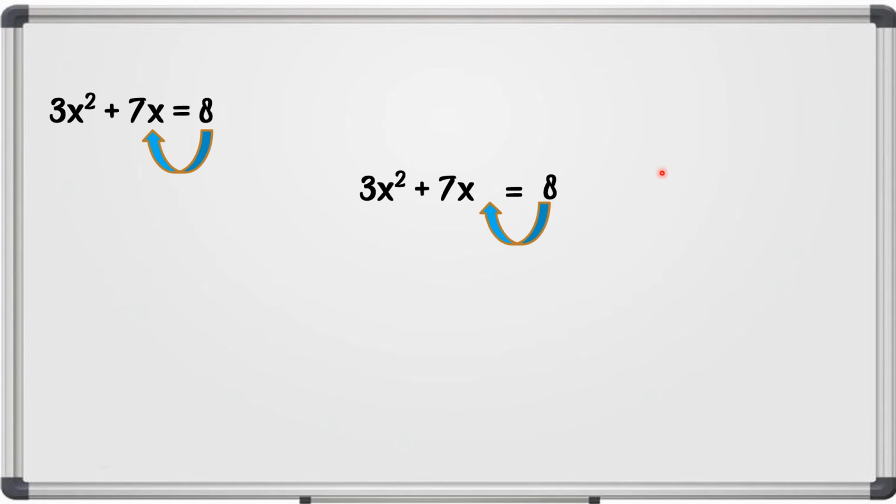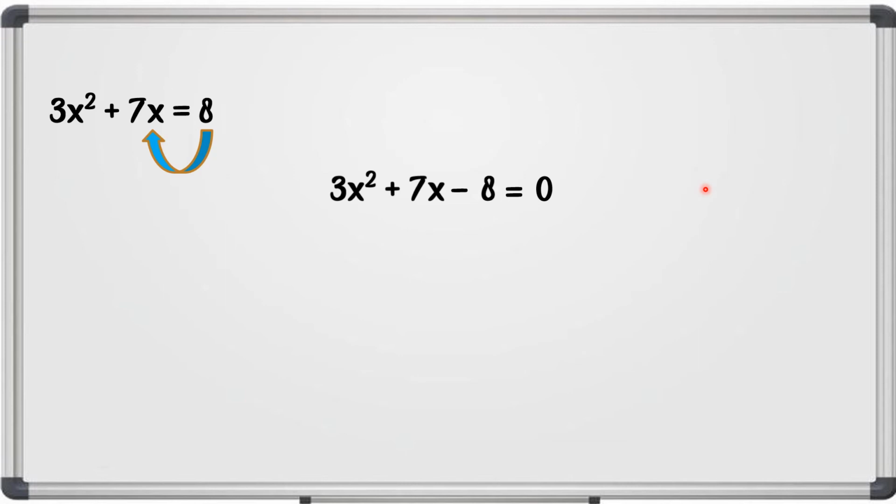When you transpose a term from one side to another, you need to change the sign. So from positive 8 to negative 8. And then, you have to write 0 on the right side of the equation. Now, the equation is written in standard form.